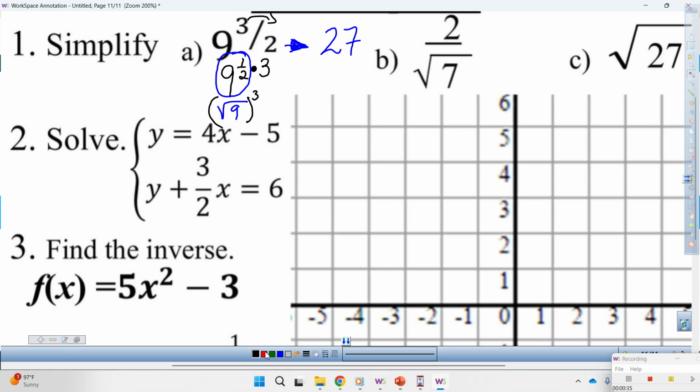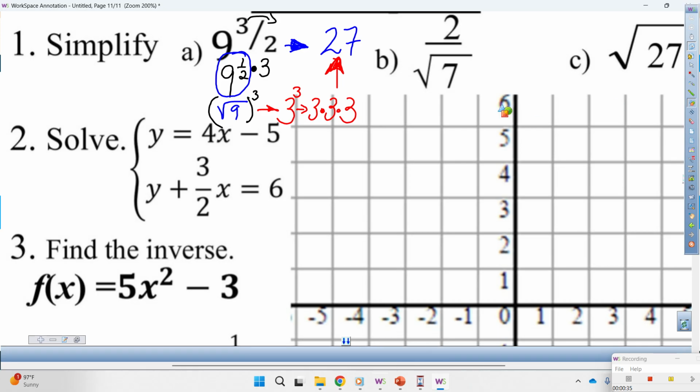Next, what is square root of 9? Square root of 9 is 3. We still have the 3rd power there. So what is 3 to the 3rd? That's 3 times 3 times 3. What is 3 times 3? 9 times 3, that's 27. Pretty good, Renzo. Let's go.